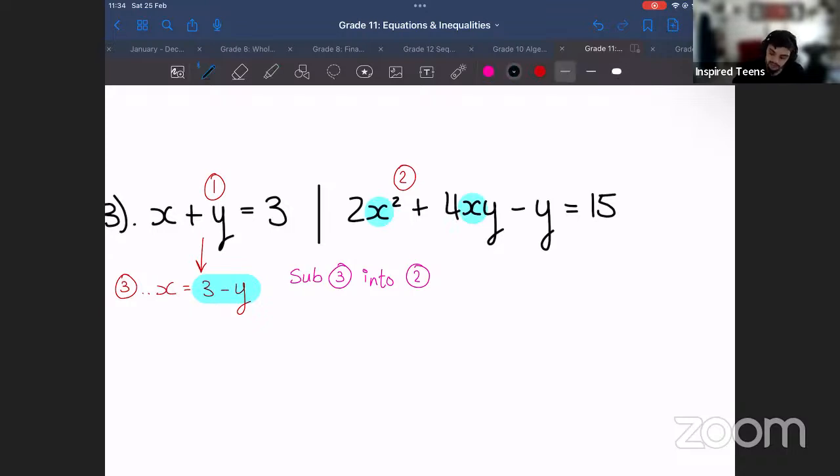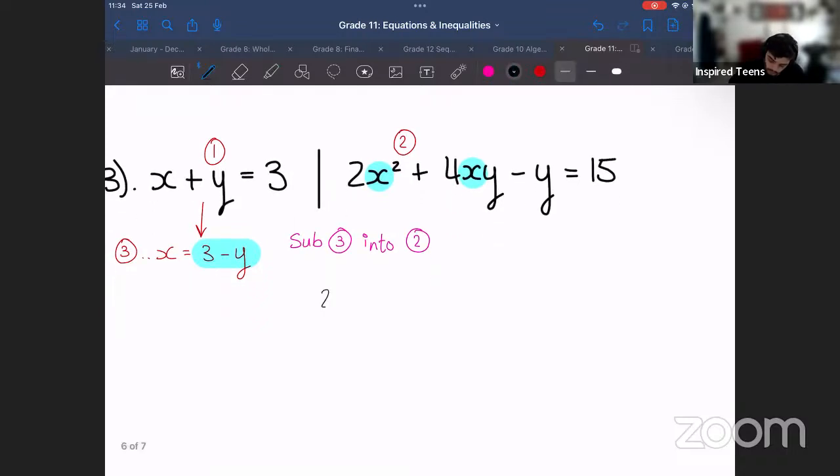So I'm going to say 2 open brackets, 3 minus y, close brackets, squared, plus 4 open brackets, 3 minus y, because that's what x is equal to, times y, minus y is equal to 15.